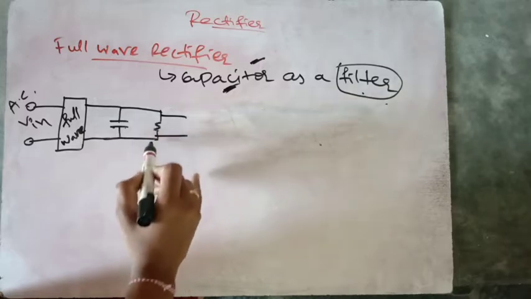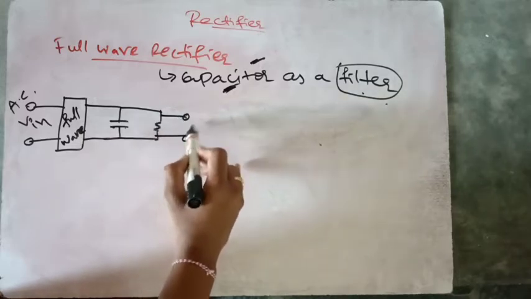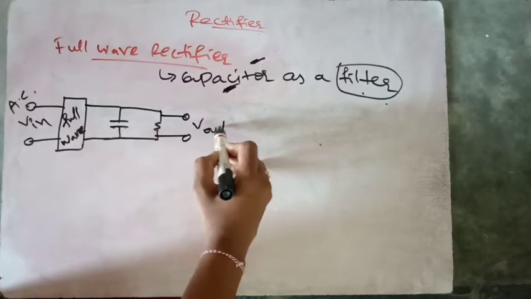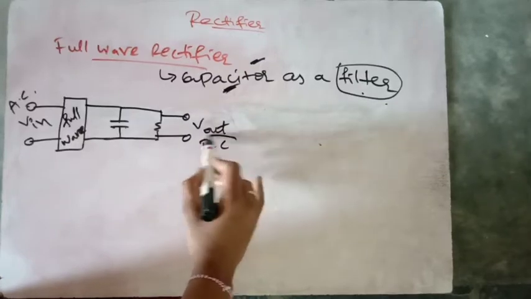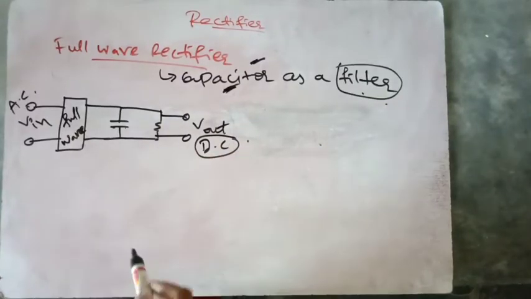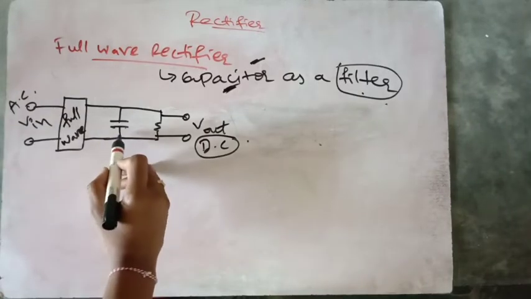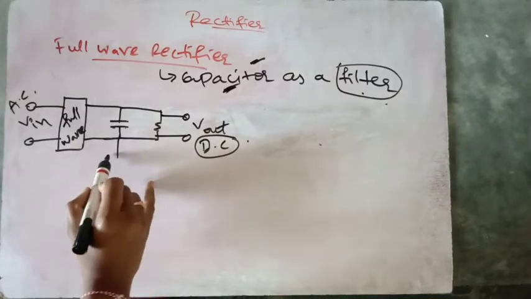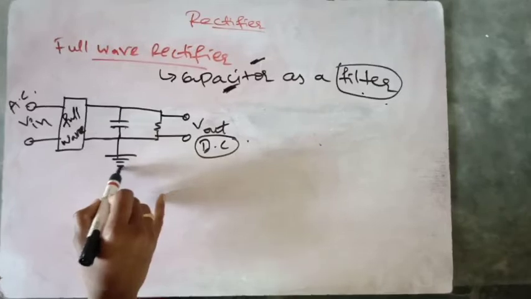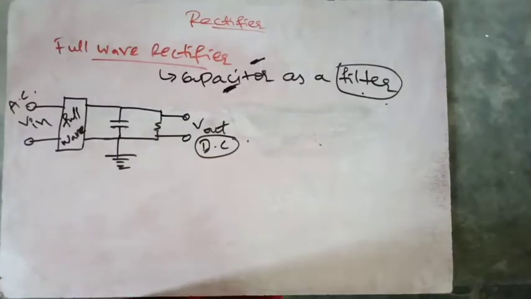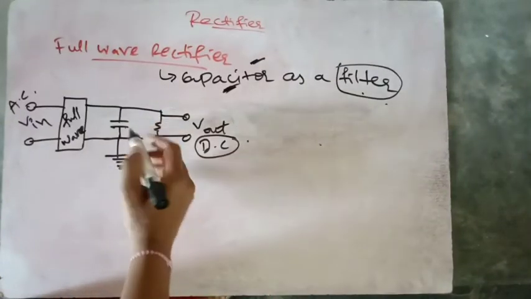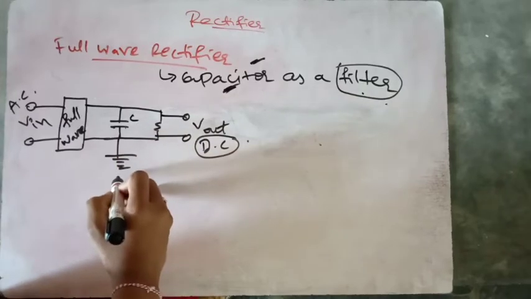Along this load resistance RL, we will have the output voltage, which is a DC voltage. And here I grounded the capacitor. Here the capacitor C is grounded.